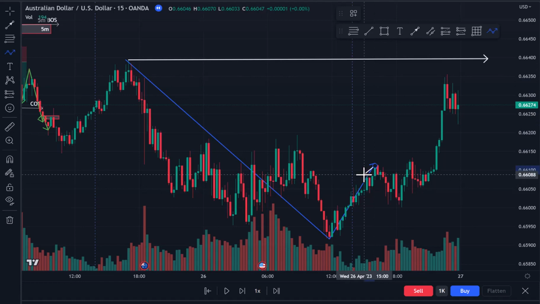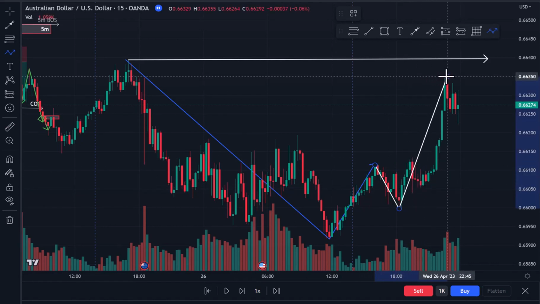Let's see. Okay, so we do have one pullback candle there, and then this candle closes there. So we do have some pullback structure. And then this is a fake breakout, so this is the real breakout.